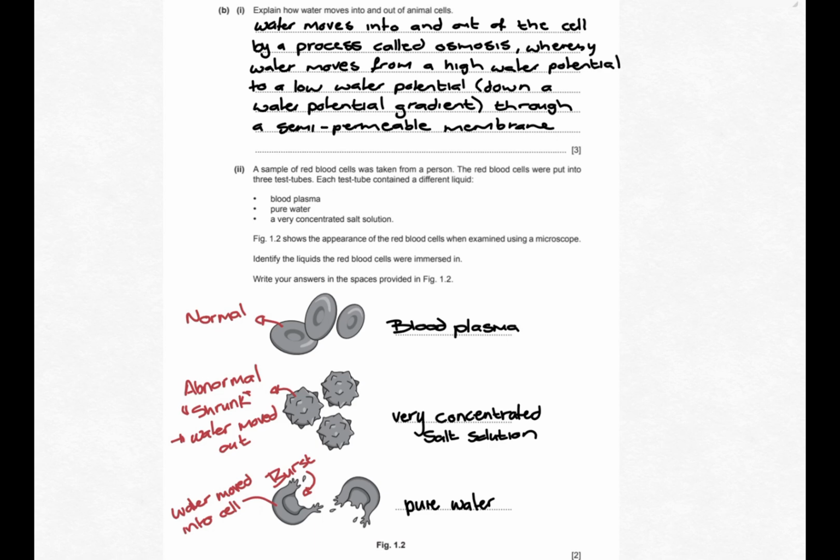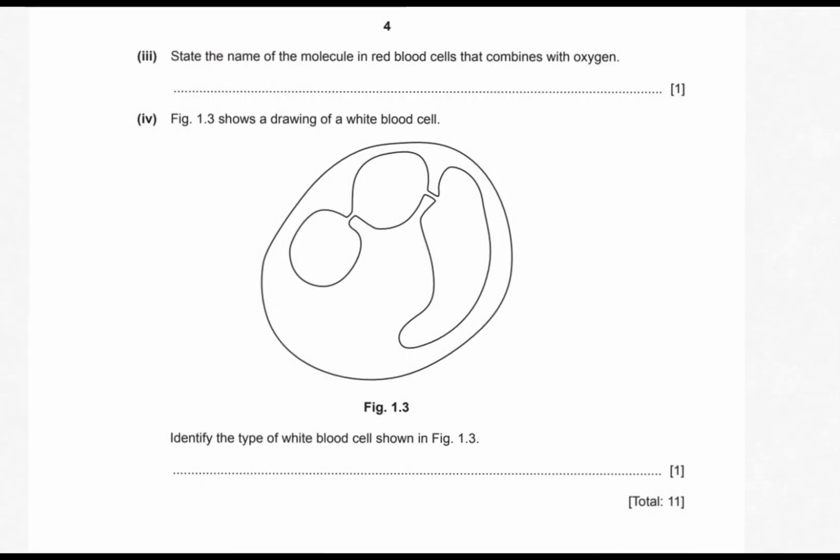It's easily identifiable. And the last one is also very identifiable because it's a normal blood cell, but it's burst open. So using a method of deduction and elimination, we can already say that the first image was blood plasma, the last image was pure water, and then the only one left would have been the very concentrated salt solution for the middle picture. So on the next page, we have a couple of questions on different blood cells.